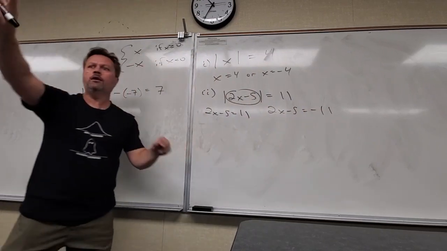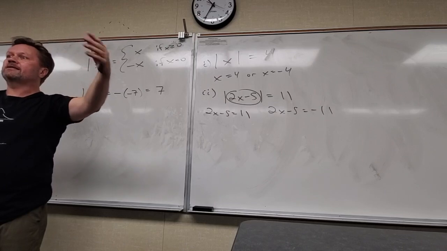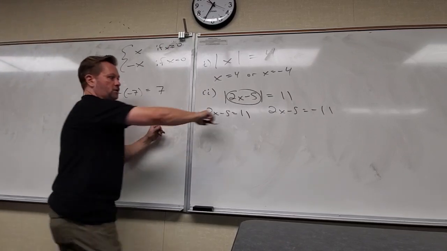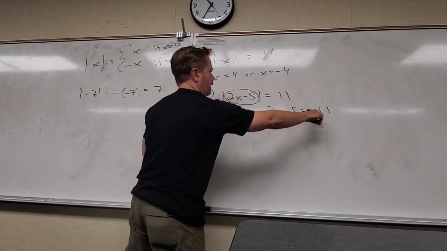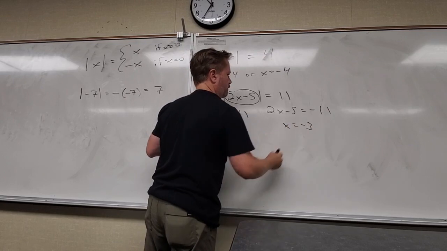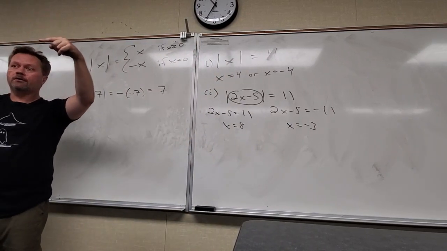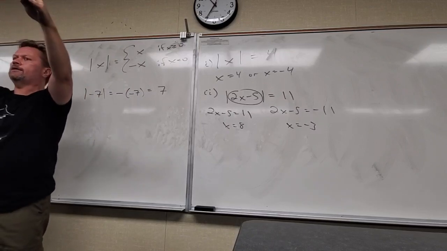You get two cases because there are two things you can take the absolute value of to get a number, correct? So of course I get two cases. Then you just solve each case. Add 5, 16, divide by 2, you get 8. Add 5, you get negative 6, divide by 2, you get negative 3. You just have to solve each one now. So absolute value equations will have two cases.